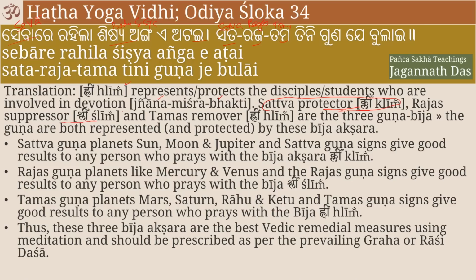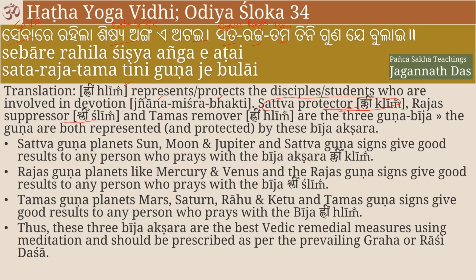You must understand the difference between the bijas. Shling bija is therefore a more spiritual one. Very, very spiritual bija is Shling. Shling, Shling. The Rajas planets will get suppressed. Now, who needs to do Shring and who needs to do Shling is based upon your horoscope.